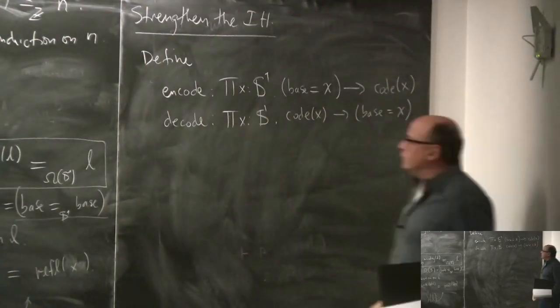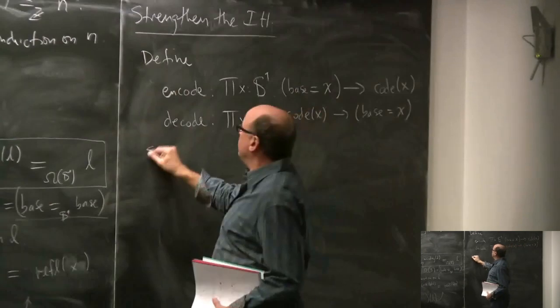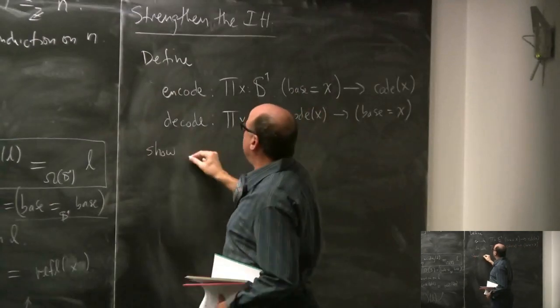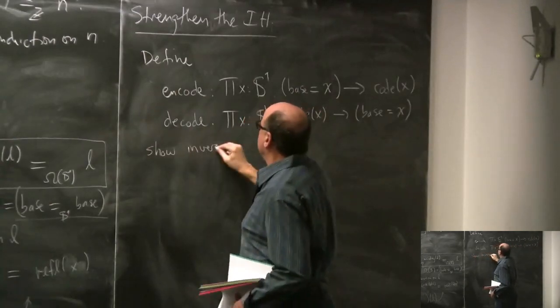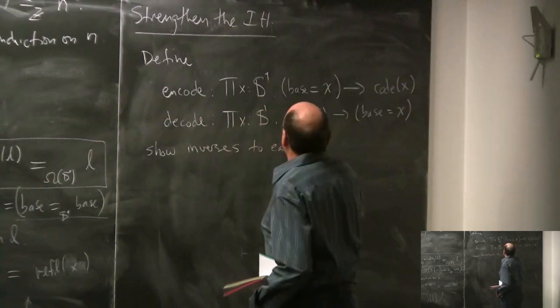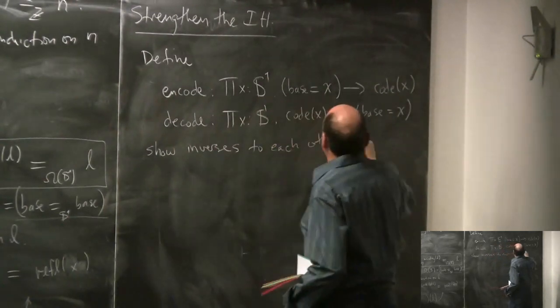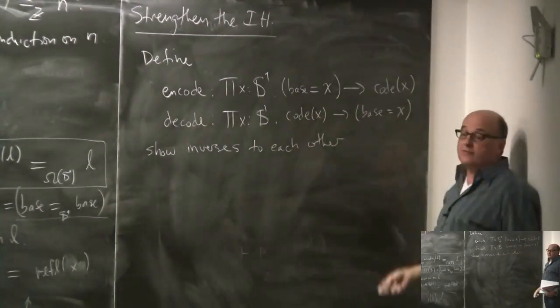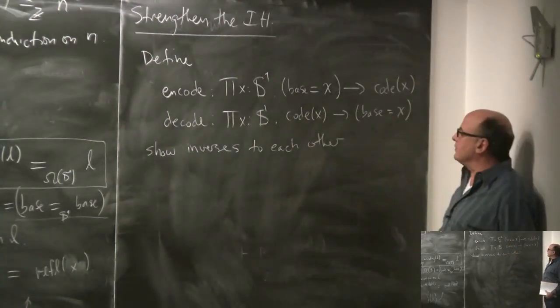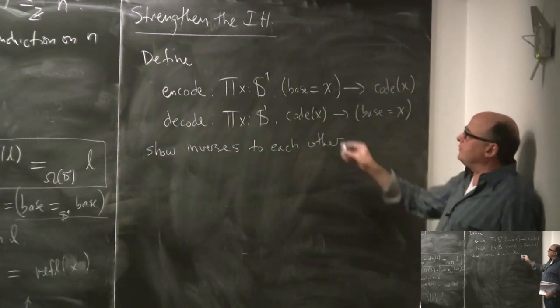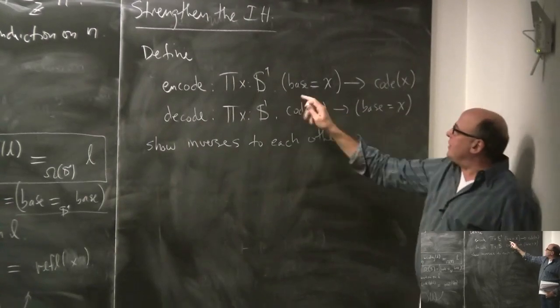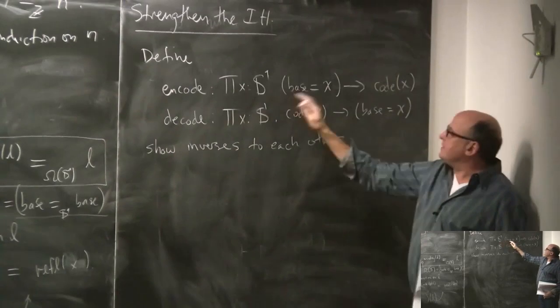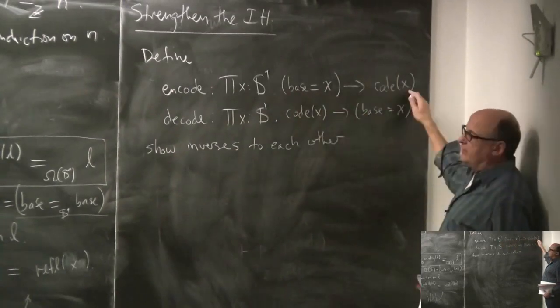So then what we do is we show that these are inverses to each other. That is, for each x, these mappings are inverses to one another. So let's say we establish a pointwise equivalence: for any x, base equals x is equivalent to code of x.